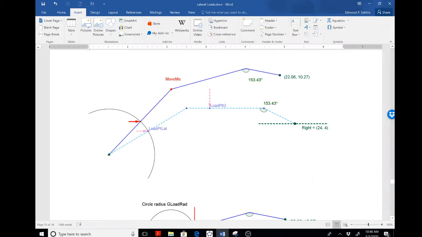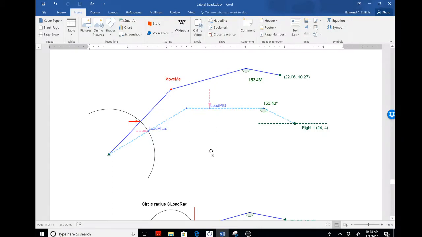One little maybe complexity here is that in the perturbed situation, we do need to establish where the loads are hitting the perturbed frame. That's really easy to do for the first one. I just drew a circle from the left pin through that load point lateral, and I found out where that circle intersected the distorted frame or the perturbed frame.